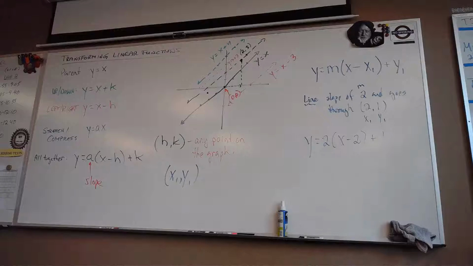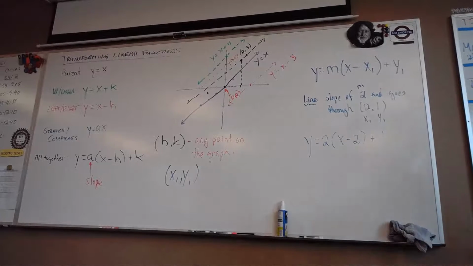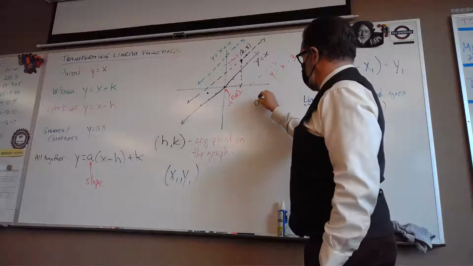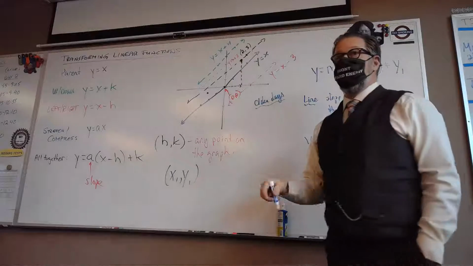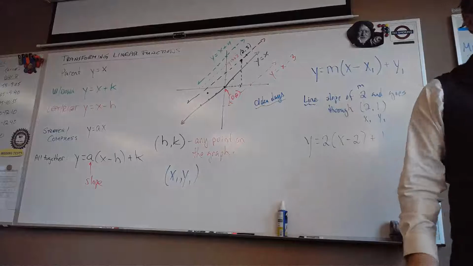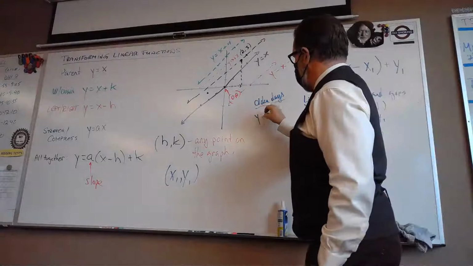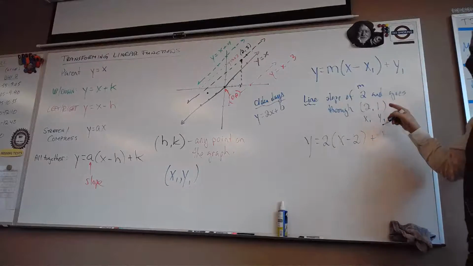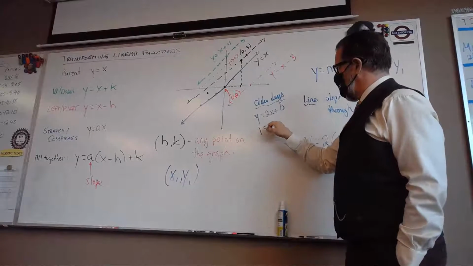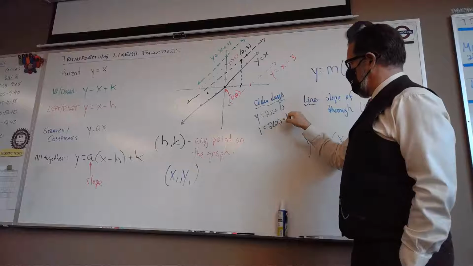What would I have done in the old days? When I say olden days, I mean like right up until just this second. I would have said y equals 2x plus b. And then I would have plugged 2 and 1 in there, and I would have said 1 is equal to 2 times 2 plus b.